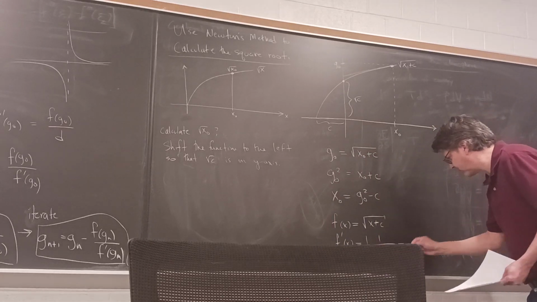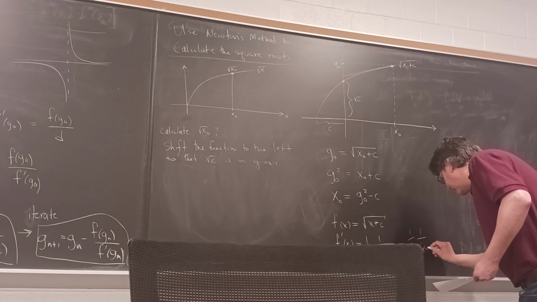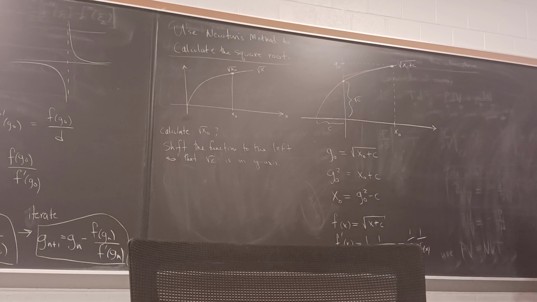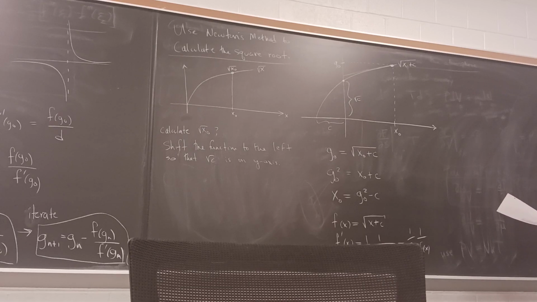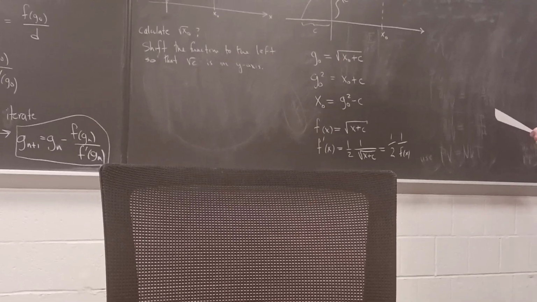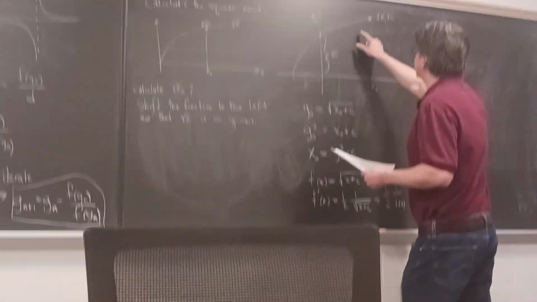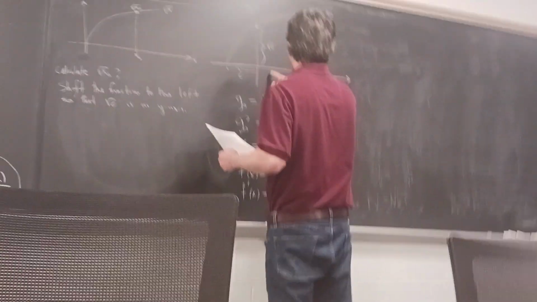So this is just 1/2, 1 over f of x. Now this is the distance 0 to x0.